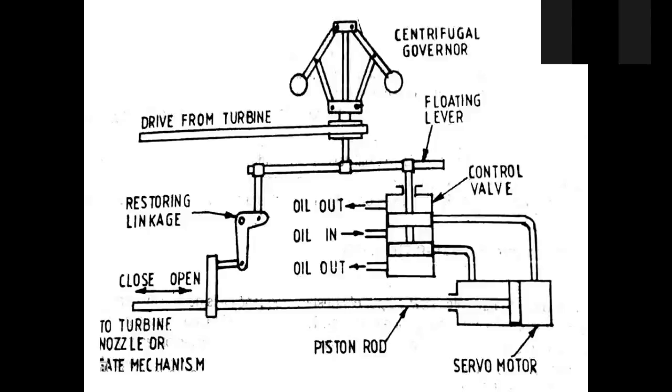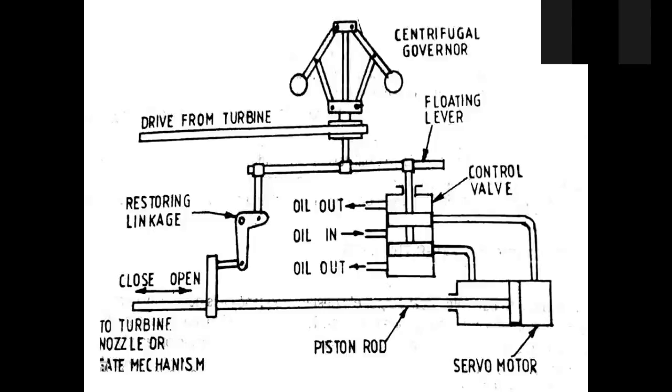When this floating lever moves upward, we can see that of the two pipes connected to the control valve, the top pipe gets open and oil enters the top pipe, and through the top pipe it enters the right side or right chamber of the servo motor.